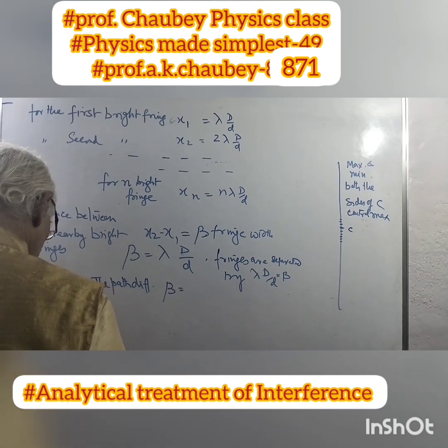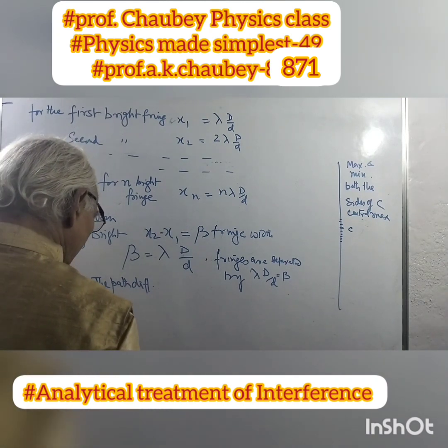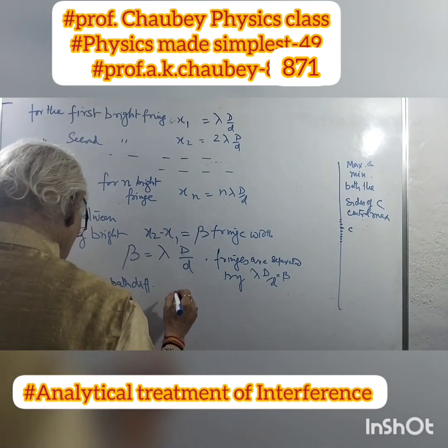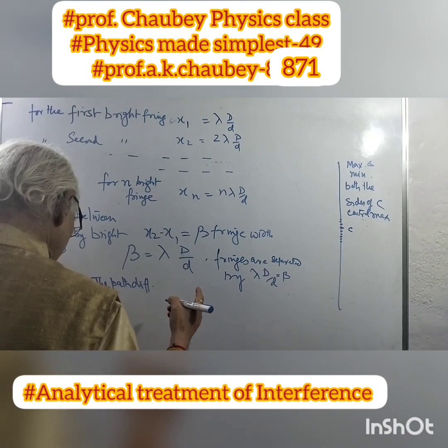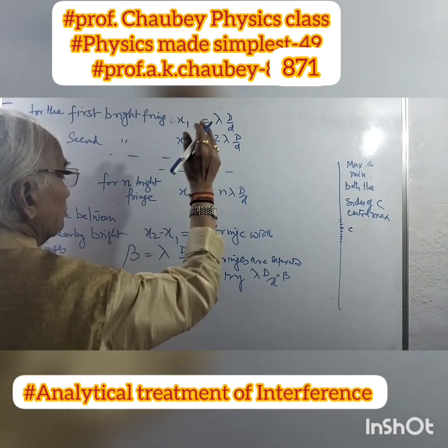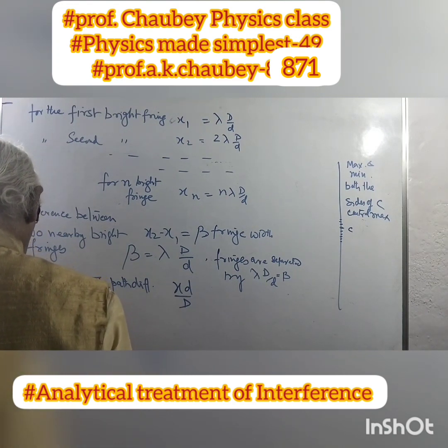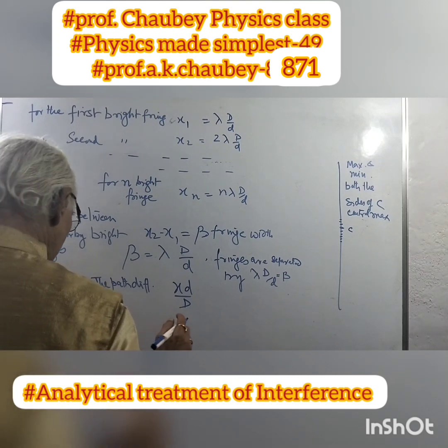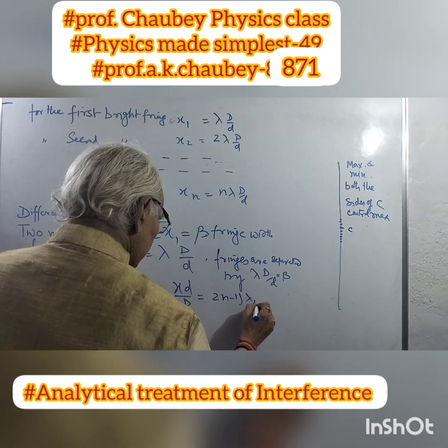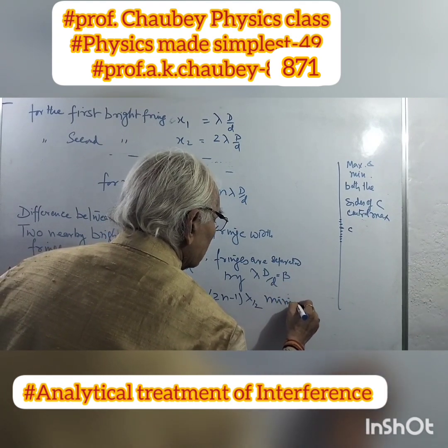What is the path difference? The path difference is x d over D. If this is 2n minus 1 lambda by 2, we get minima, or dark.